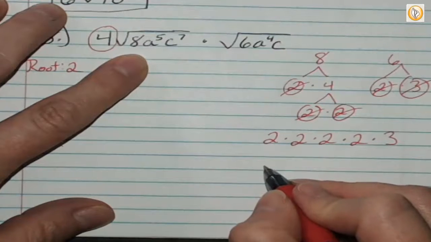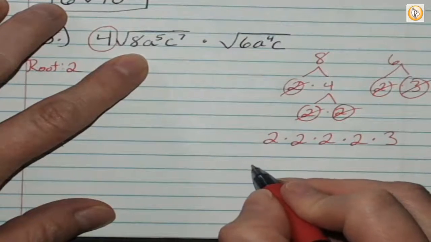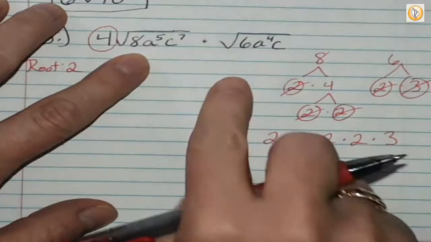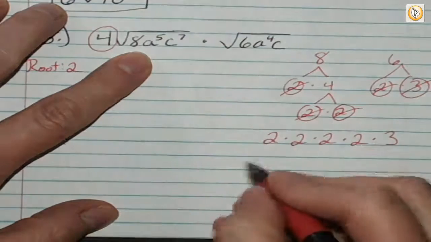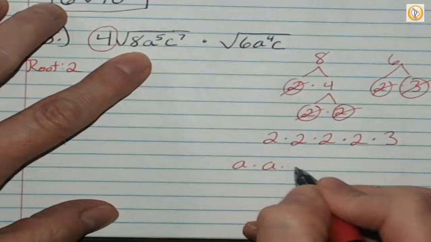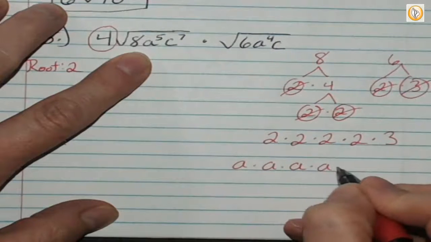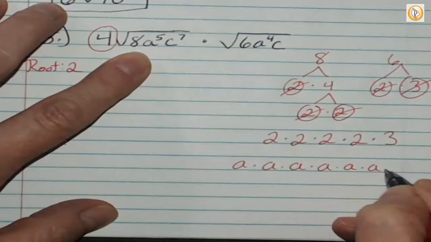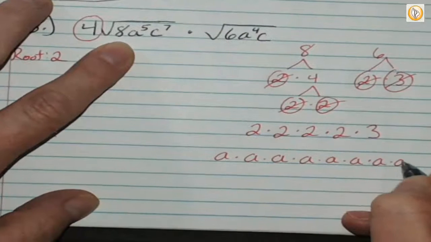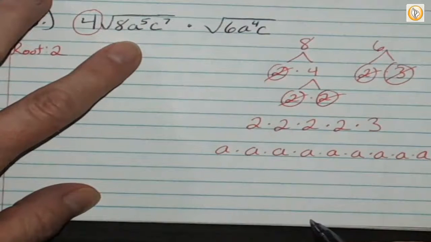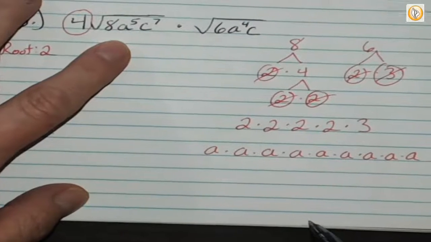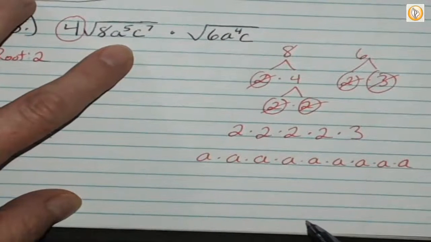So how many total A's do I have? Total pairs of A's? No, just total A's. 5. Or sorry, 9. How many total C's do I have? 8.